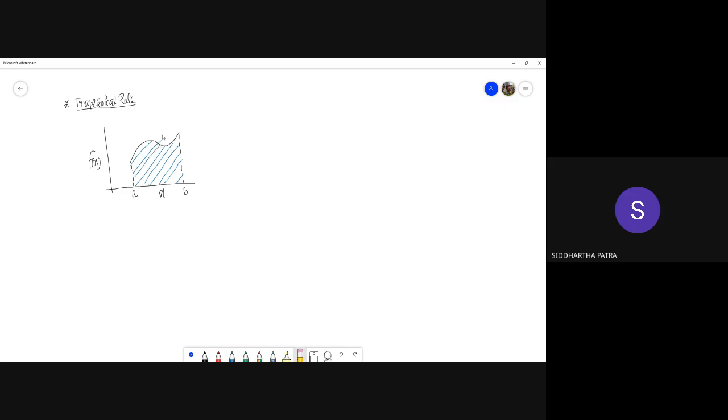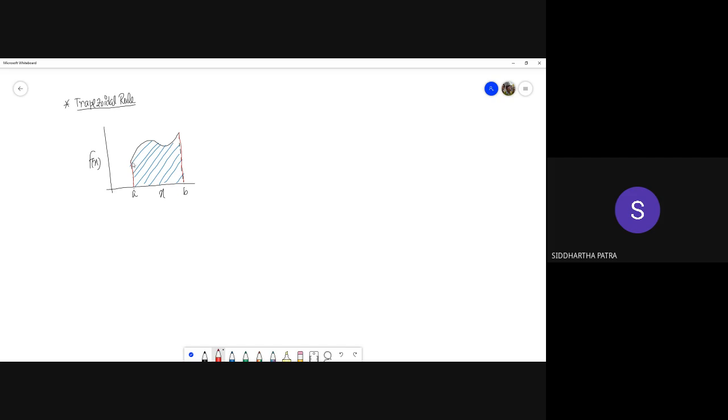Okay. And in the trapezoidal rule, this is what we do. We would evaluate the function at the two extreme ends. Earlier in the rectangle rule we were assuming that there is a representative value, which is more or less the same value everywhere in that range.